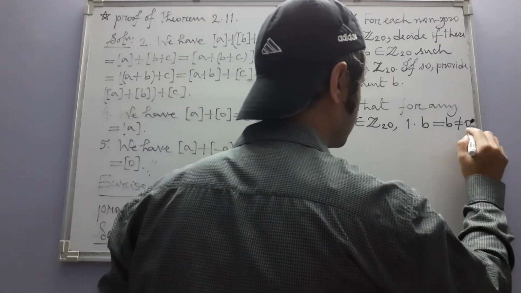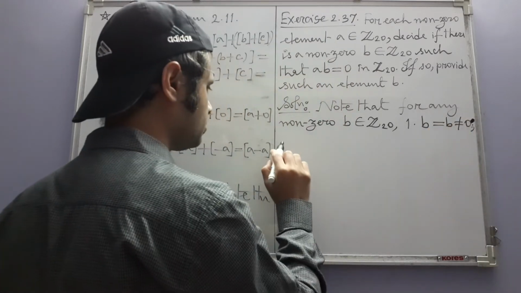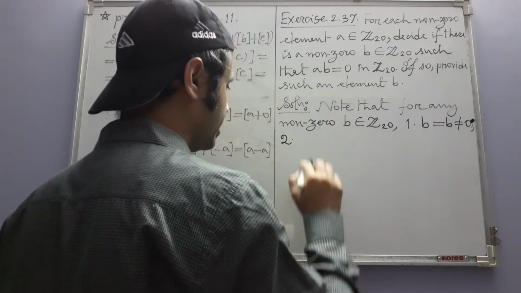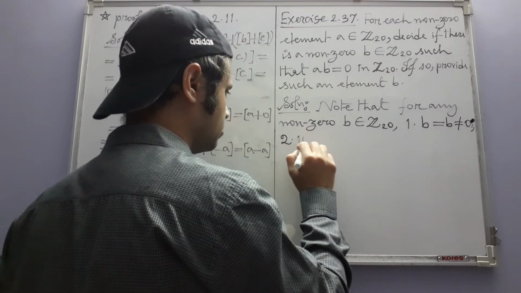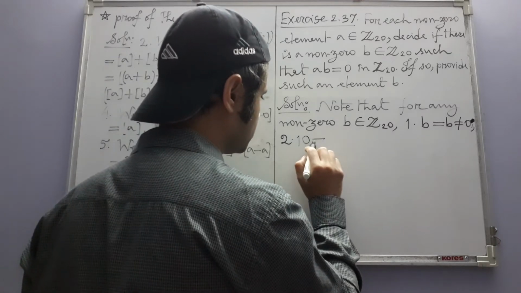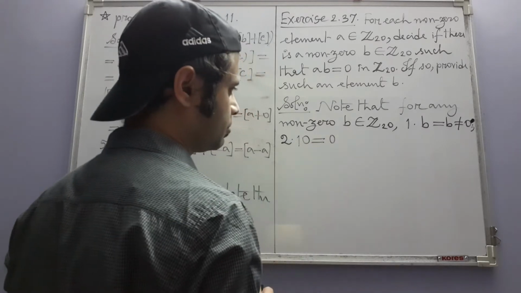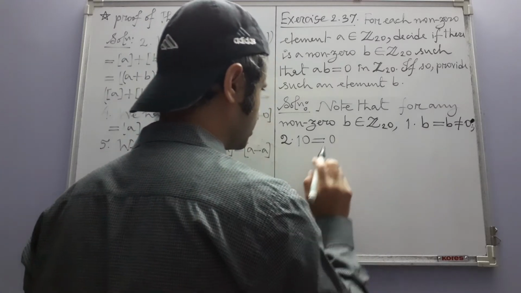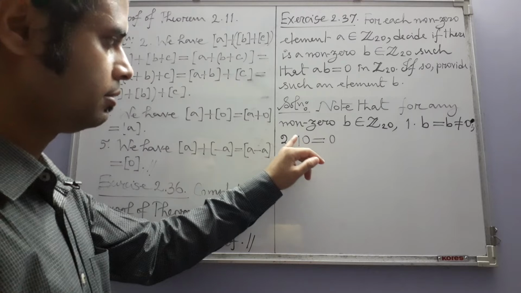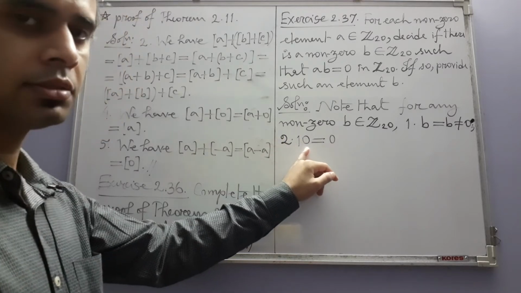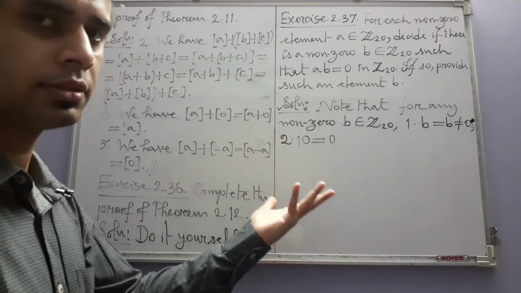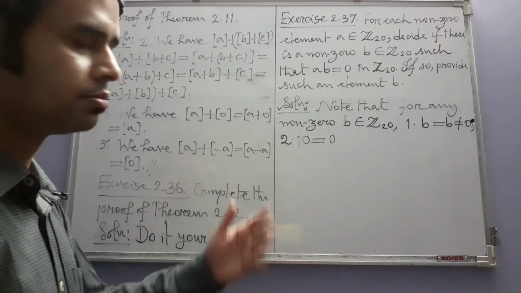Then two times 10 is 20, and modulo 20, that is 0. Okay, and I should write here that for 2, B is 10 and 10 is non-zero, but you can see those things, so I am not going to write them.